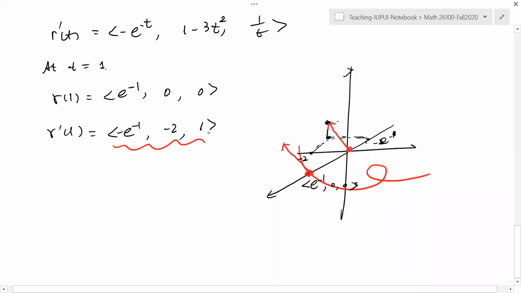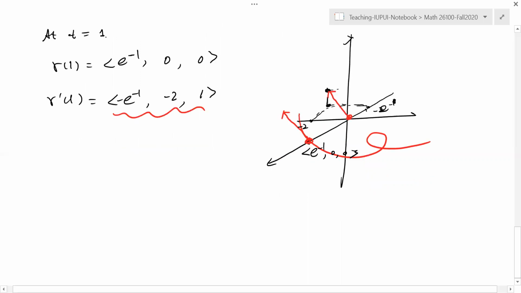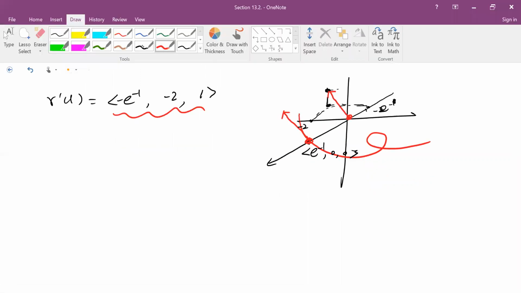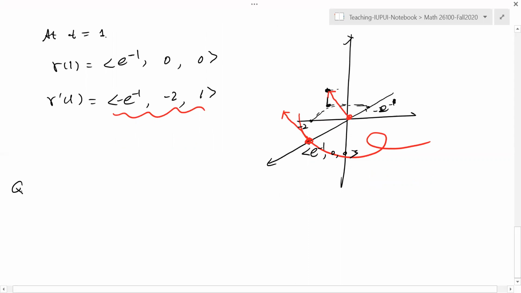But if you want to say this is a tangent vector to the curve, then the starting point will be from the point on the curve. Right, so let's take a look at the next problem.